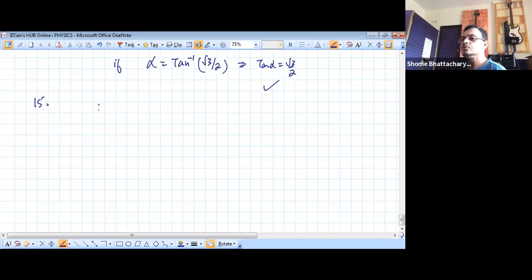It says that there are two forces P and Q such that the ratio of their magnitudes P is to Q is 1:2.